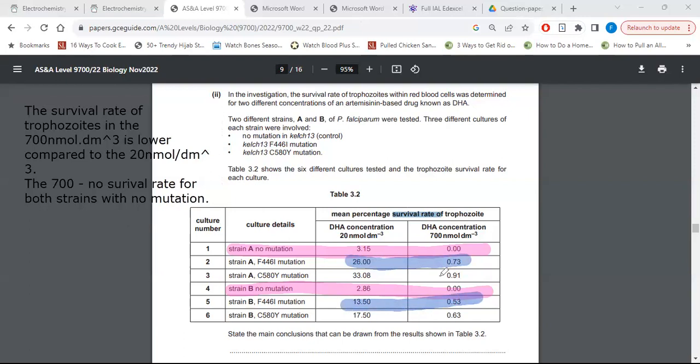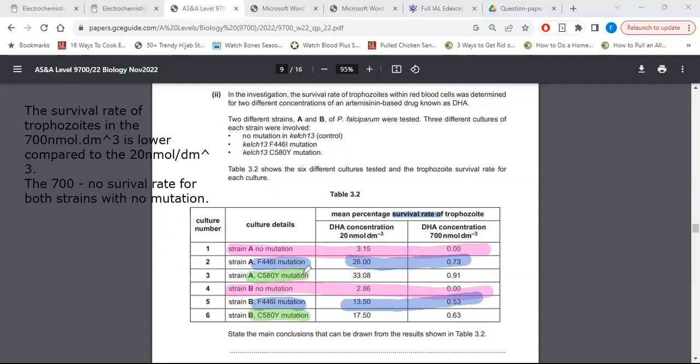If you take a look, you will see that at both low concentration as well as high concentration, the F4461 mutation in strain A, same mutation, but in strain A, they have a greater survival rate compared to strain B, right? Then if we talk about this mutation, C580Y, we will notice the same thing.